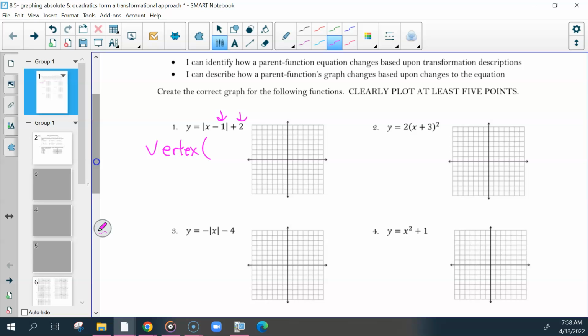It says minus one, which means moving to the right one, so it's going to be positive. This says plus 2, which means we're moving up 2, so that would be positive. So we can use that as our starting point and plot that point 1, 2.